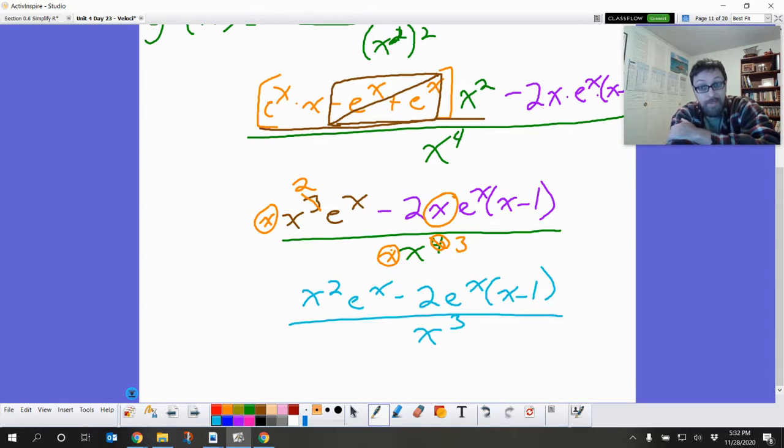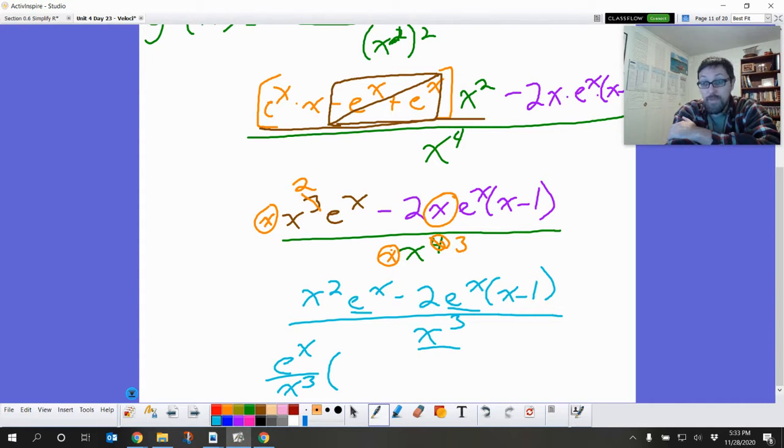Now, I don't know why the book does this. I think it's because there is still that common factor. The book goes one step further and factors out this e to the x in this fraction. So you can pull that e to the x in front, similar to what I did with those x's, and an x cubed.